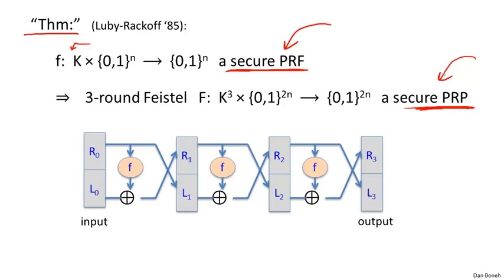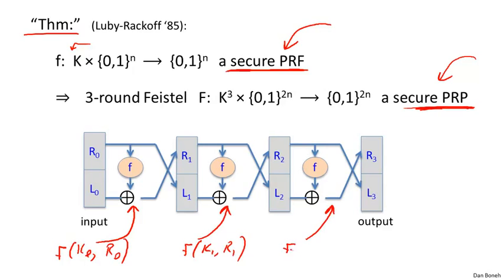Now let me explain in a little bit more detail what's actually going on here. So essentially, the PRF is used in every round of the Feistel network. So in other words, here what's actually computed is the PRF using one secret key, K0. Here what's computed is the PRF using a different secret key, of course applied to R1.